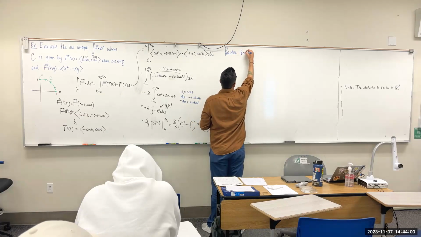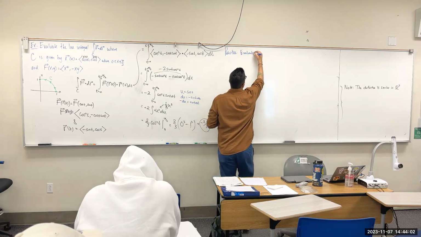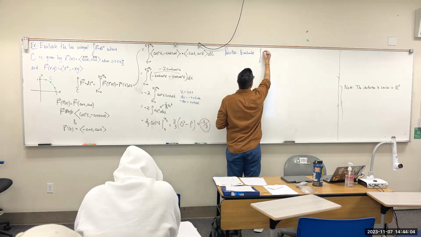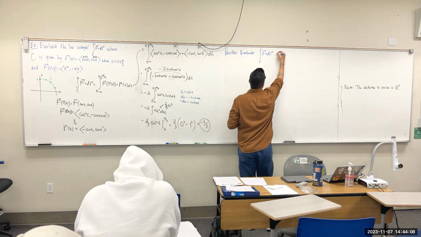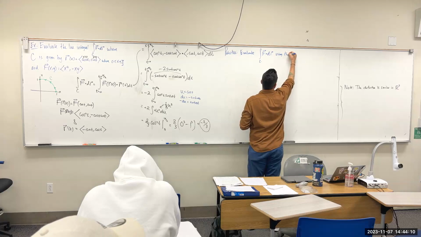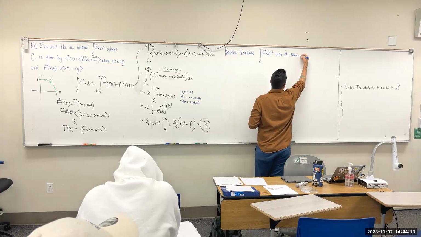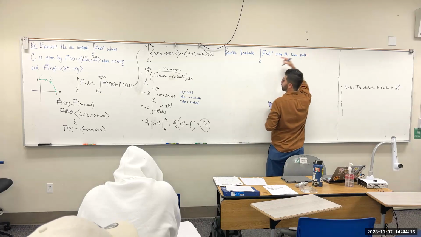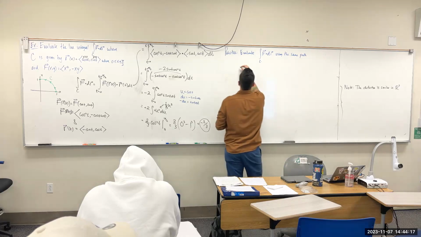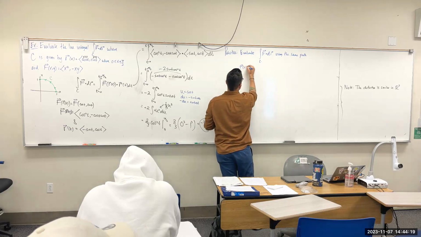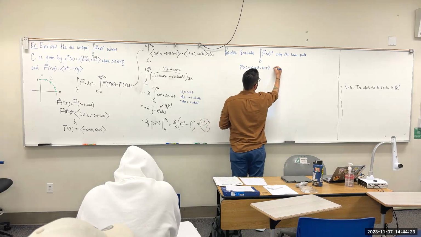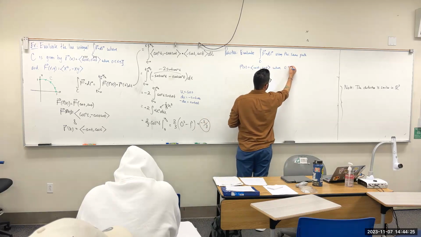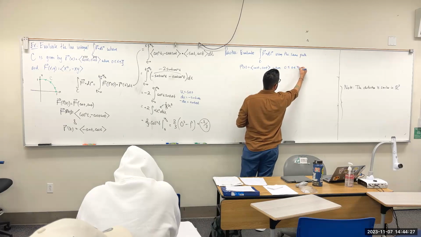So evaluate the line integral along C using the same path that you were just given: cosine t, sine t, where t ranges from 0 to pi over 2.